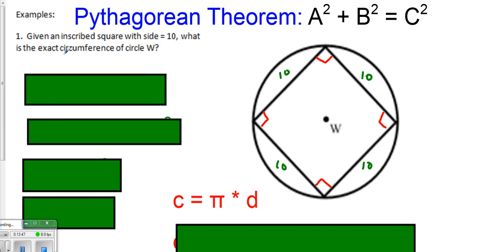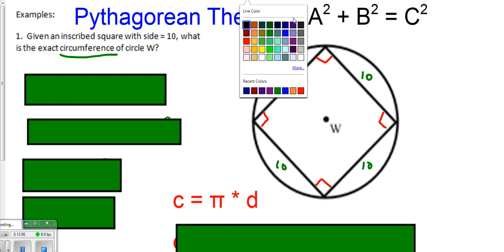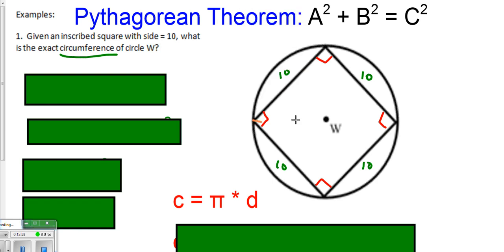So if we want to find the circumference, we'll probably need to know either the diameter or the radius. So I'm going to draw in from here to here. This would be the radius. That one might not be as easy to find, but if we go all the way across, find that diameter, now we've created a right triangle that is also isosceles.